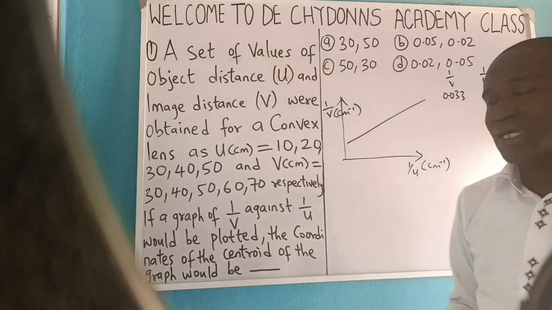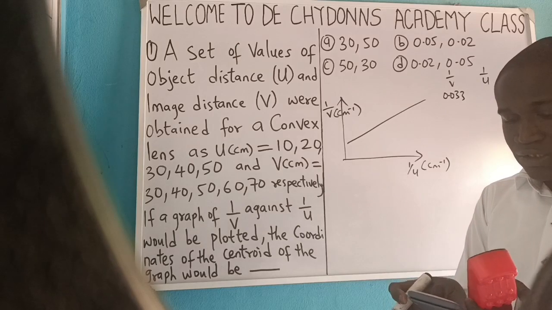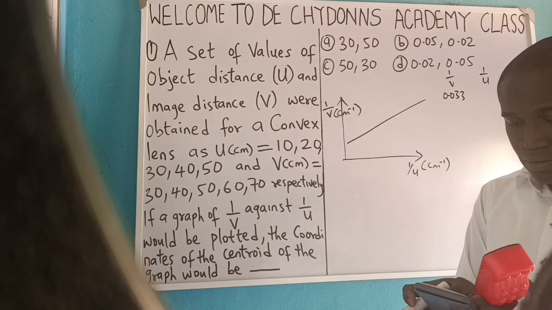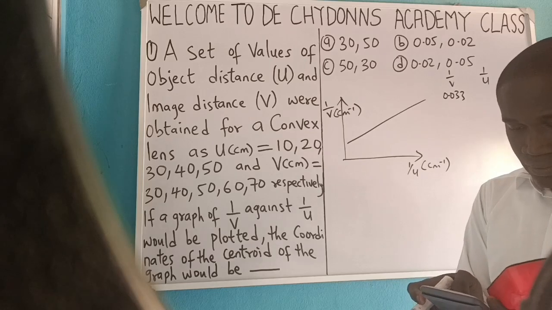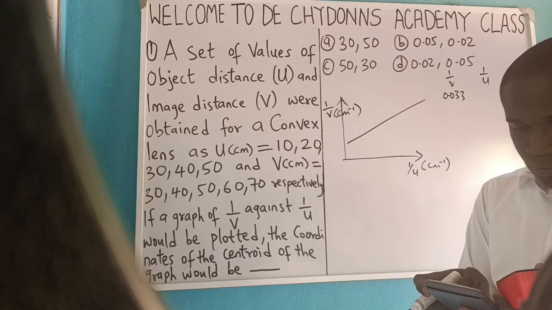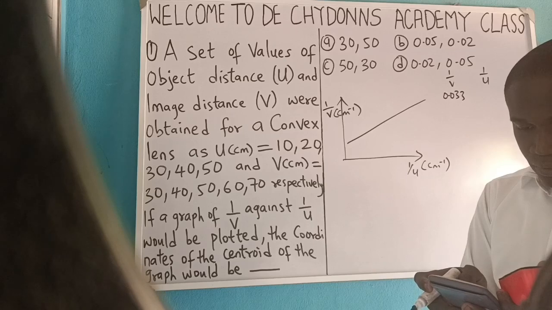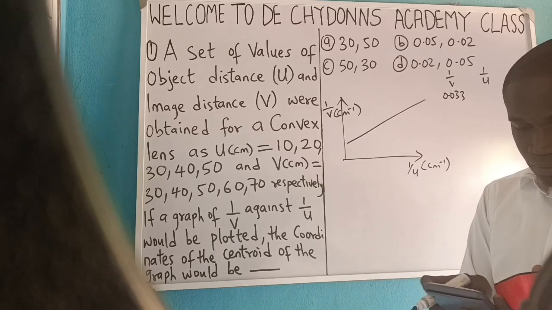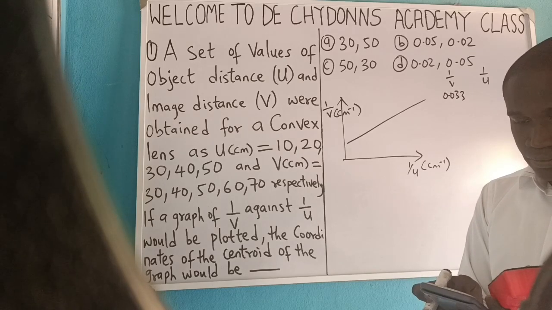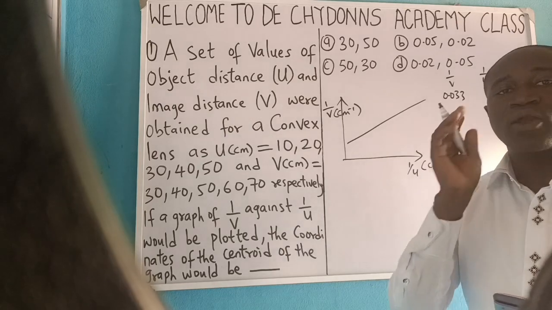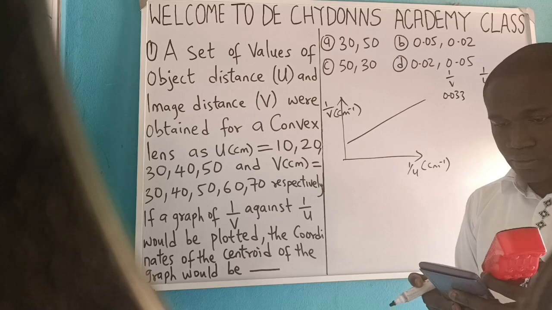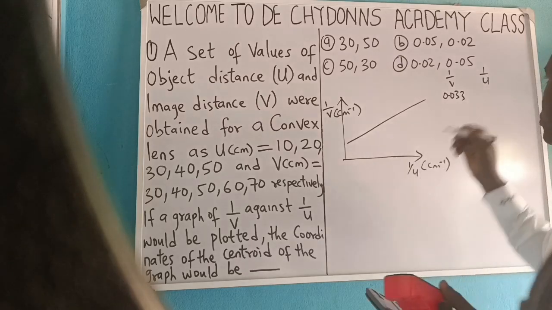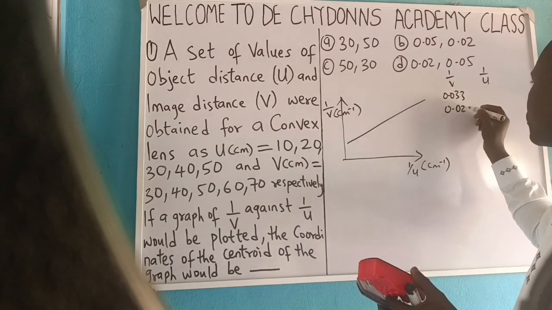That is 1 over 30. You check 1 over 40, 0.025.